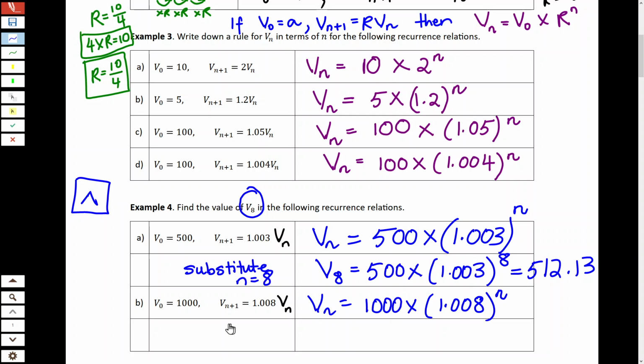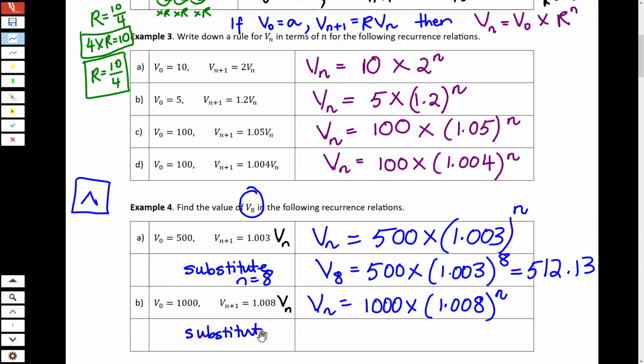Okay, Bruce. My goal, now that I've got this rule here underlined, is to find the value of V8. What should I do? Times 1,000 by 1.008 to the power of? 8. Nice.